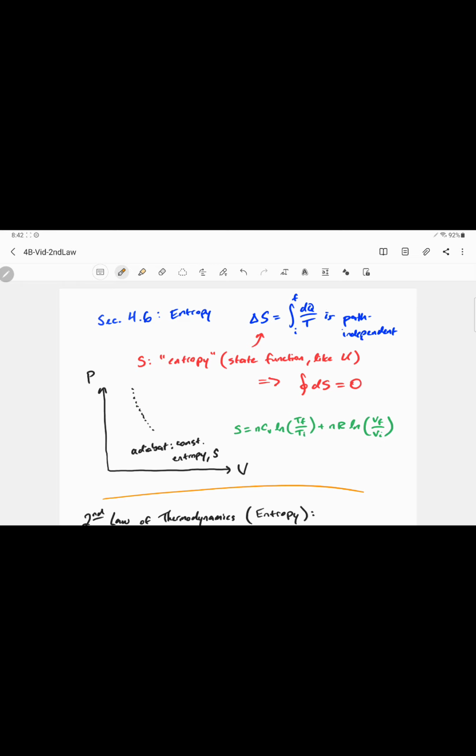We can write a formula for the entropy. Because S is a state function, it just depends on where you are in the PV plane. If I just had a dot right here, I could talk about the entropy of that point. We'll derive in class that we can write the entropy this way. I guess this is delta S, because I wrote final and initial right here.